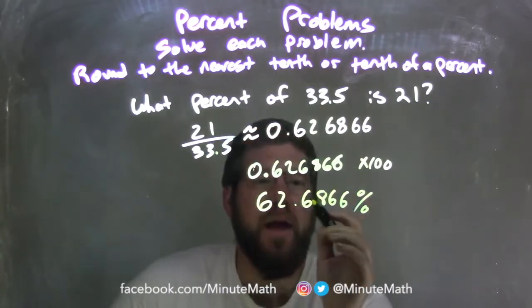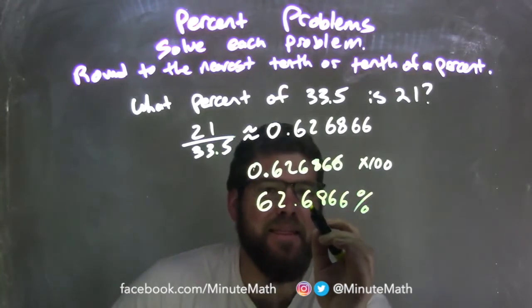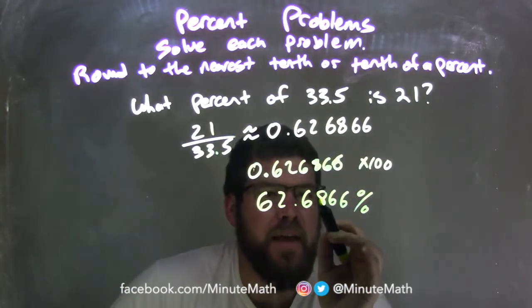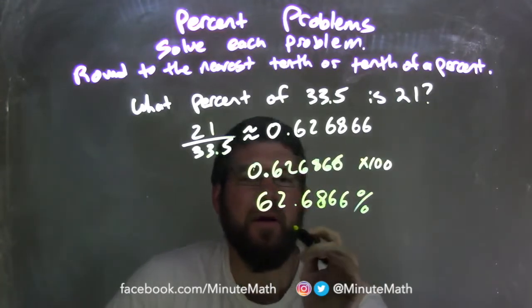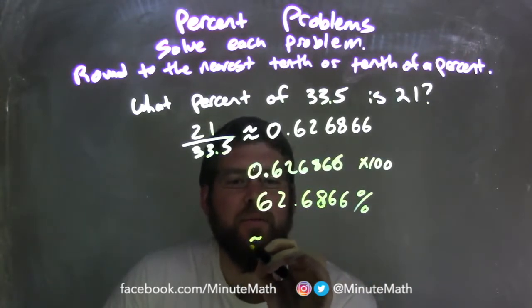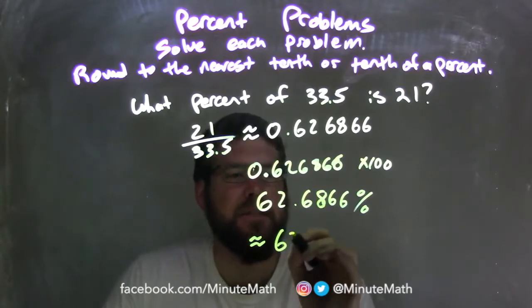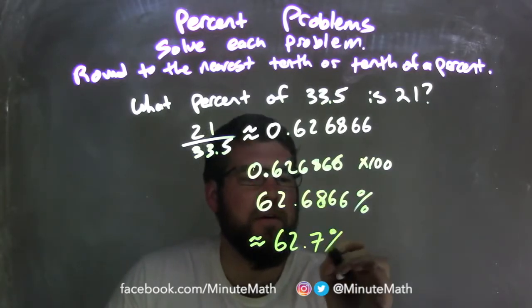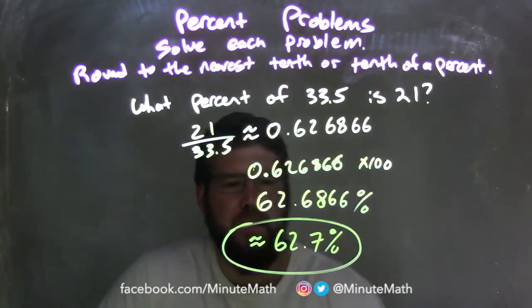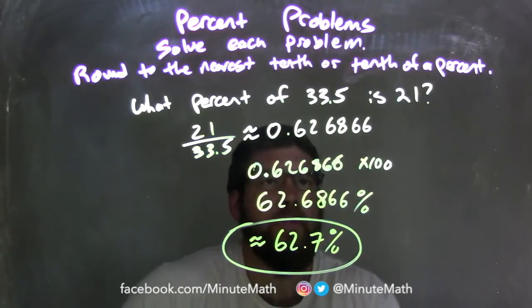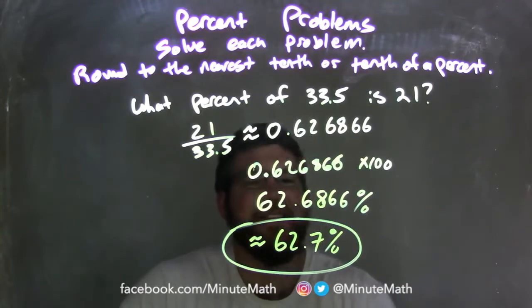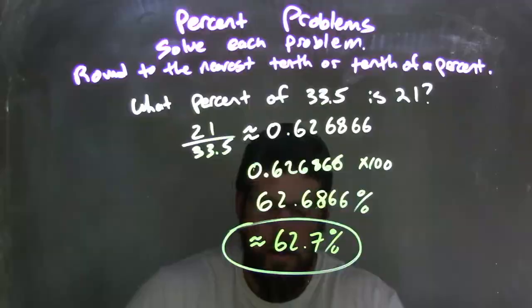Now I need to round that to the nearest tenth. The 6 looks at the 8. The 8 raises it up 1 unit, rounds it up. So we're left with an approximate final answer of 62.7%. So what percent of 33.5 is 21? It's 62.7%.